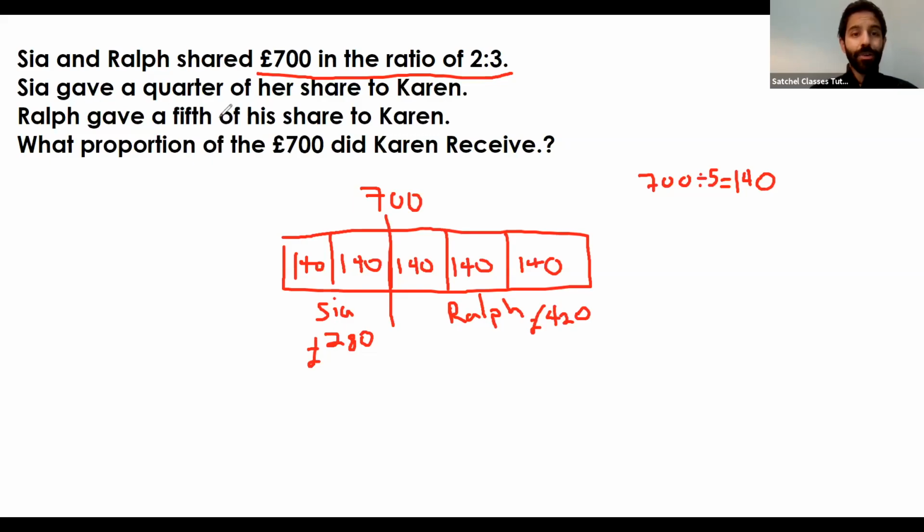So it says Sia gave a quarter of her share to Karen. So Sia had £280 and she gave a quarter to Karen. A quarter would be 280 divided by 4, which gives us £70. So we can just write here, Karen received, K for Karen, £70.